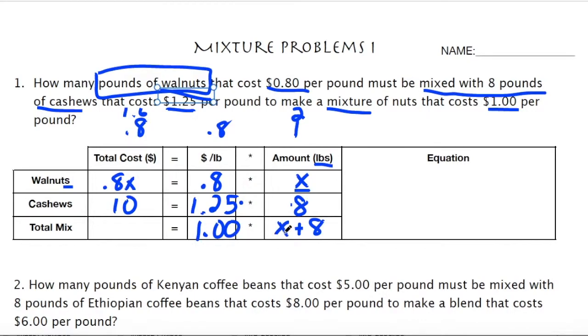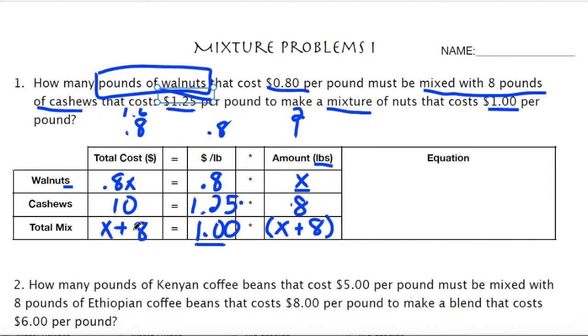And then for the mixture, we have X plus 8 times $1, which is simple because anything times 1 is itself, the identity property. So I'm going to have 8 plus X or X plus 8 for the total mix.